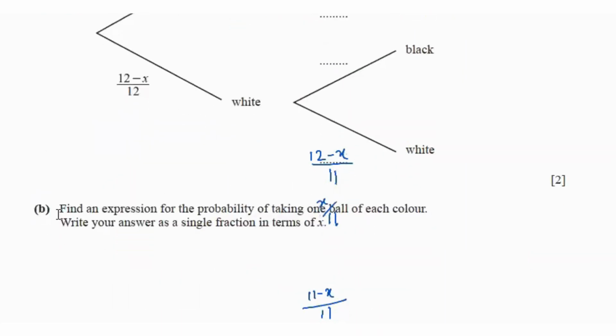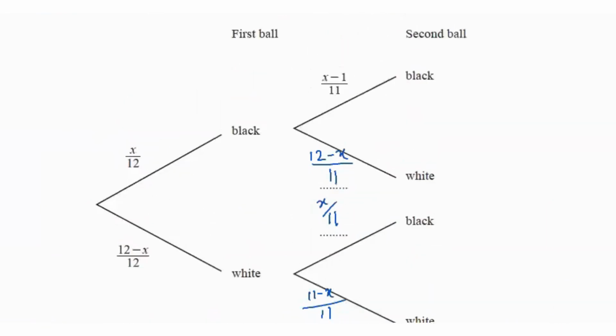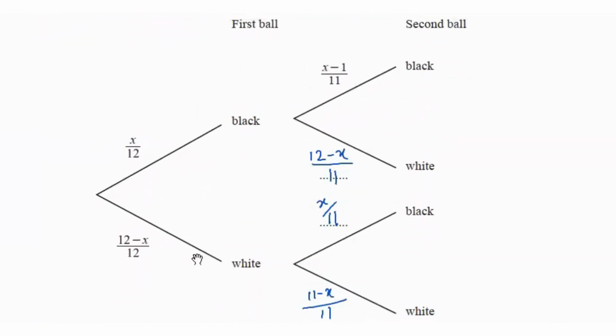So now in the next part, they're saying find an expression for the probability of taking one ball of each color. So one ball of each color would be this and this direction, or this.